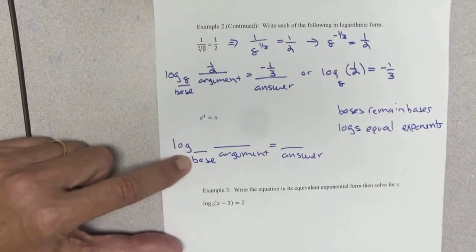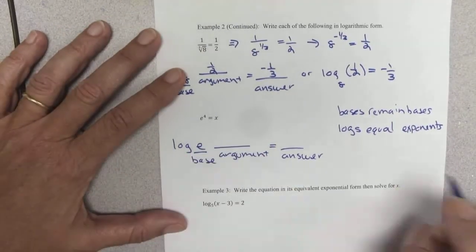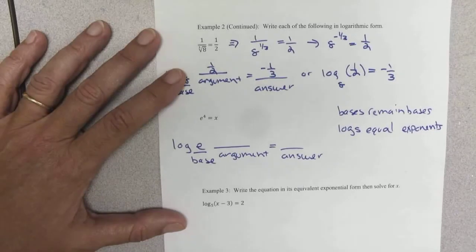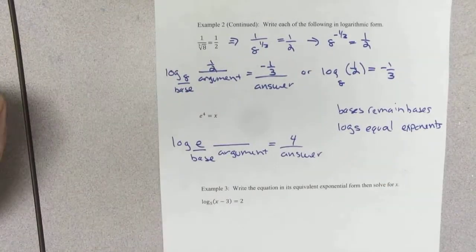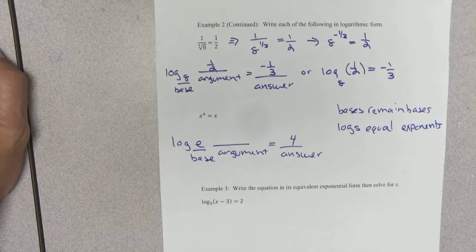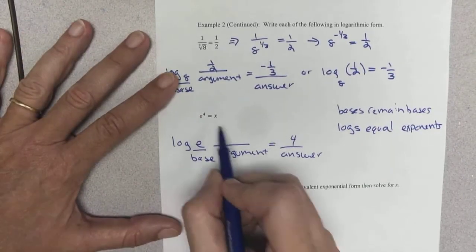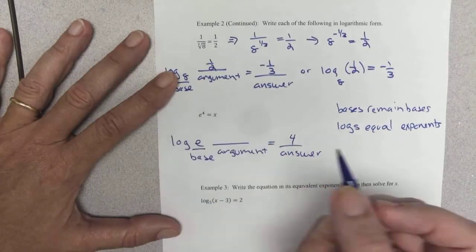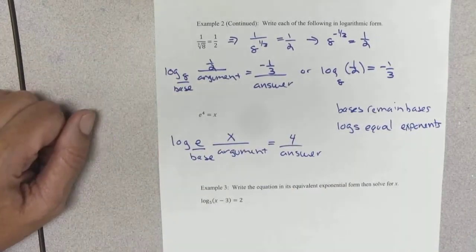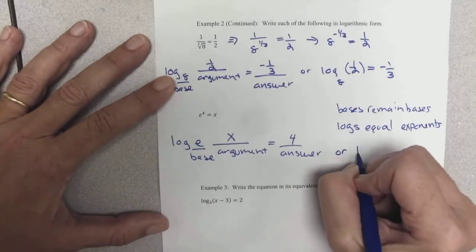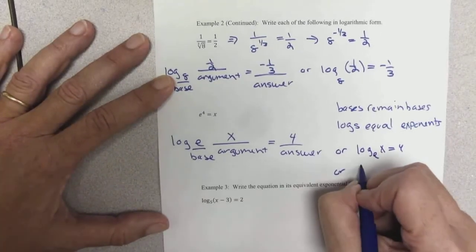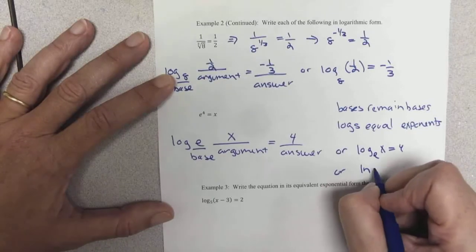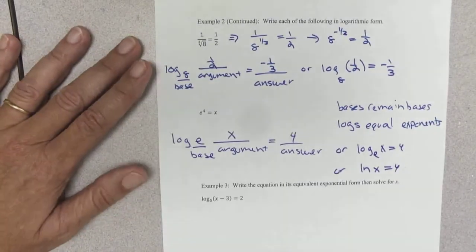Bases remain bases, so my base is e. Logarithms equal exponents. There's my exponent, so my logarithm has to be equal to 4. And then I've got one space left and one thing I haven't used, so x. That'd be log base e of x equals 4, or just natural log, ln of x equals 4.